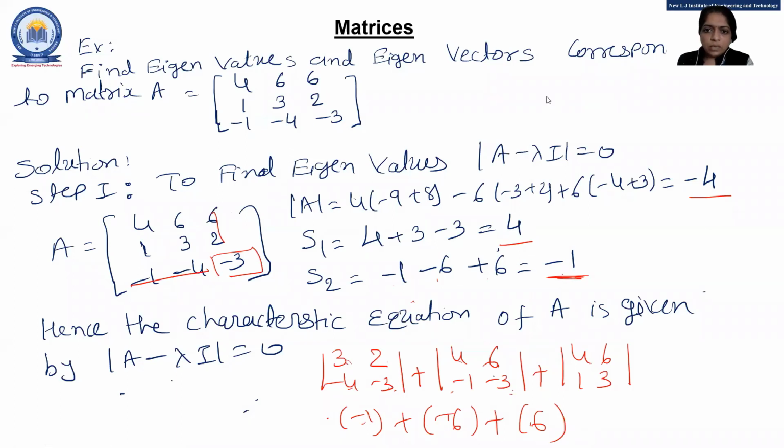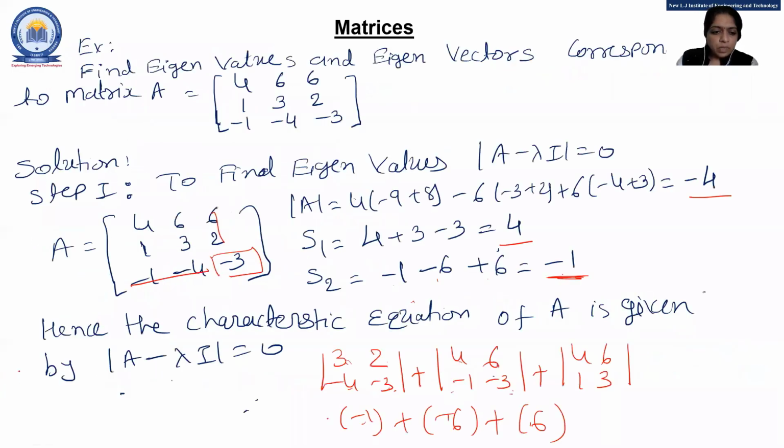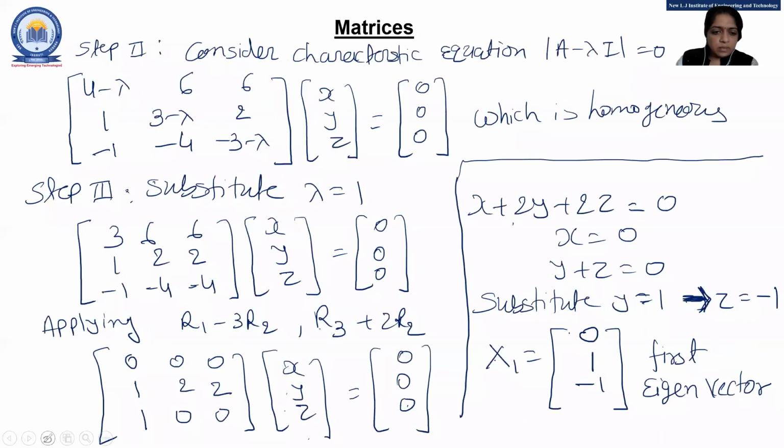Now we will substitute all these values in the characteristic equation, A minus lambda I. What does it mean? Here we just subtract lambda from the diagonal elements. So this is our given matrix, right?